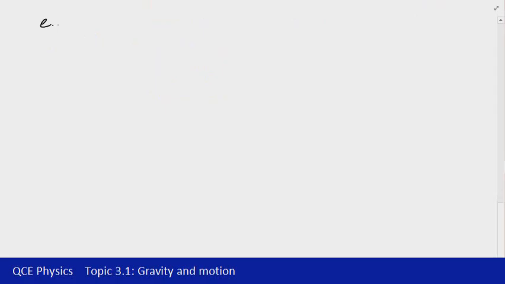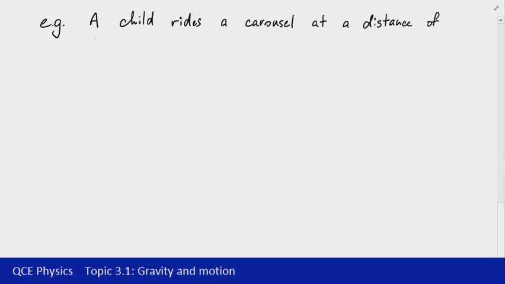To look at a fairly simple example that involves that equation, imagine that we have a child on a carousel, and that carousel has a certain distance that they're going to be riding from the center, at a distance of 2.5 meters from the central axis, and completing a full revolution every 12 seconds.